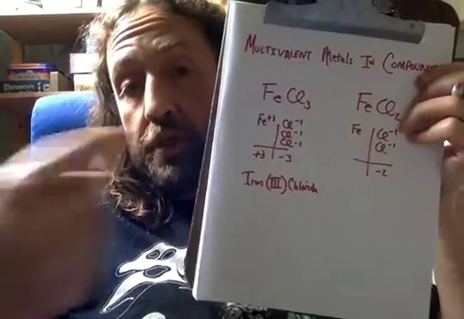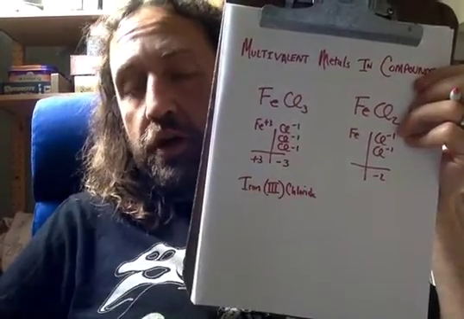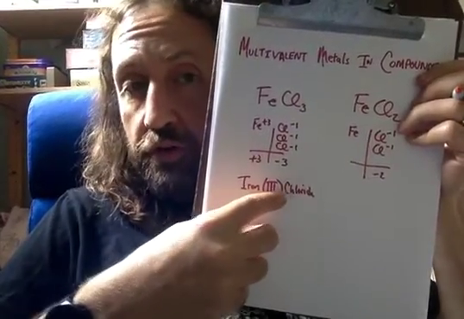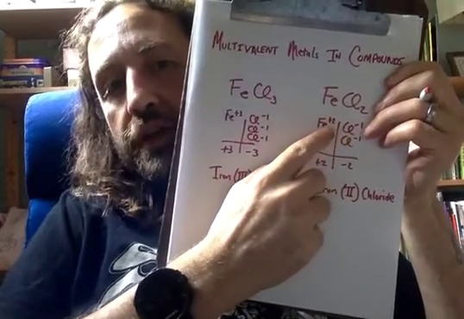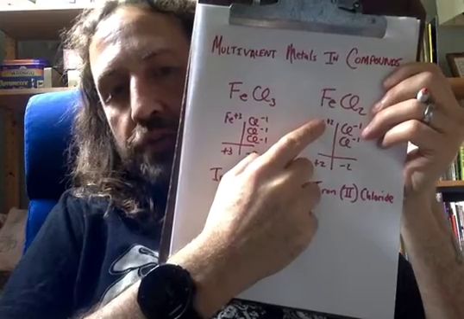You need to tell somebody what the charge is, because if they want to write that formula, they need to know whether to use the 3 version, or here there are 2 chlorides, so that's going to be a +2, so that's iron 2 chloride. Iron 2 chloride. Because here you only needed 2 chlorides, and so the iron is +2.